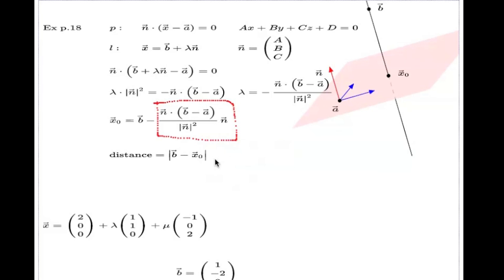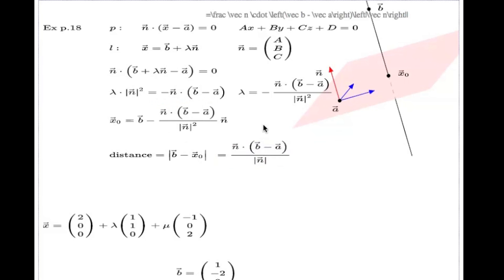So we will have n dot product with b a, and length of n. Because when you put the absolute value around it, of course this is just a number which comes out of the absolute value. So this absolute value, or the length of the vector, will be just around this n, and one absolute value here will cancel this square. That's why you have only one n.